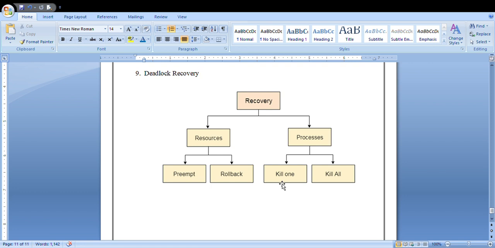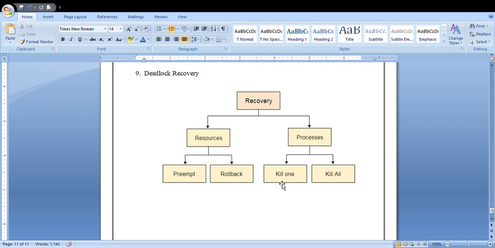And next, in process termination, you will have two types. One is kill one and another one is kill all. In kill one process, you are going to kill the process. It is nothing but a process termination. How are you going to perform that?